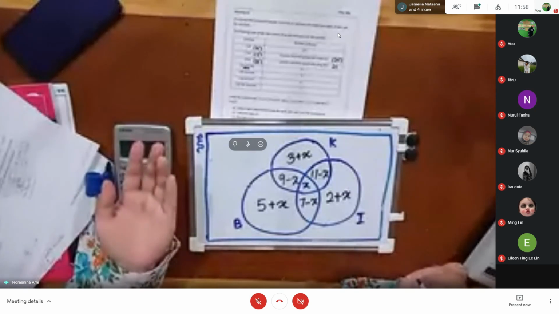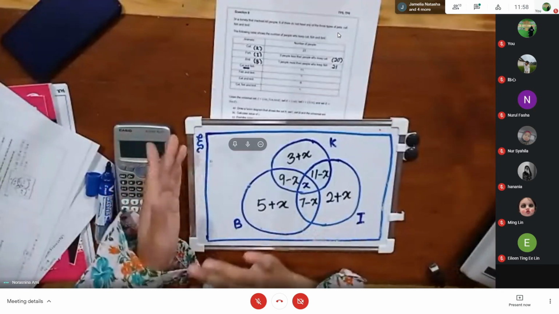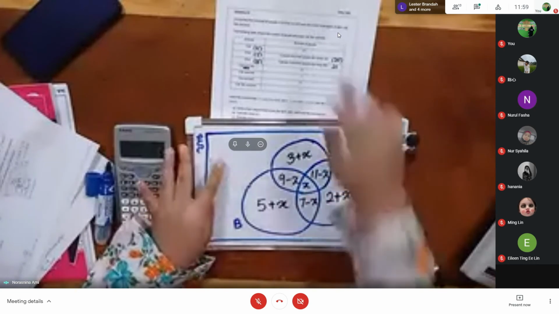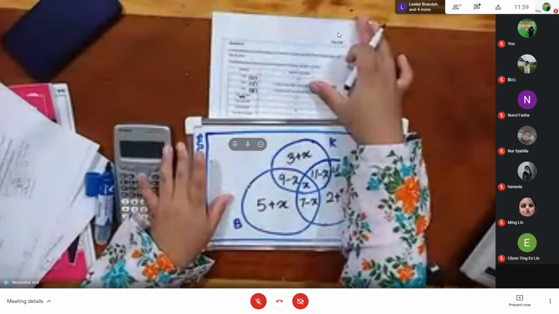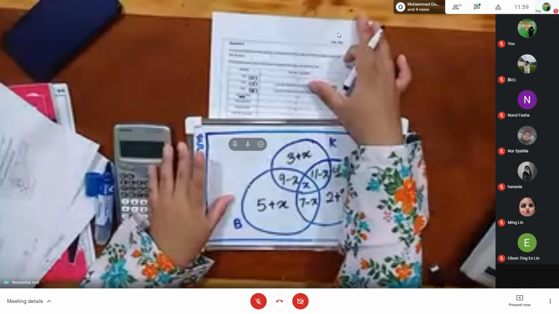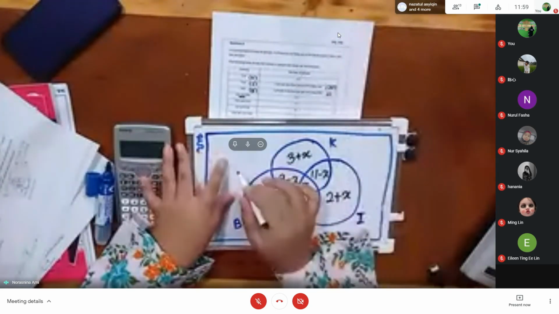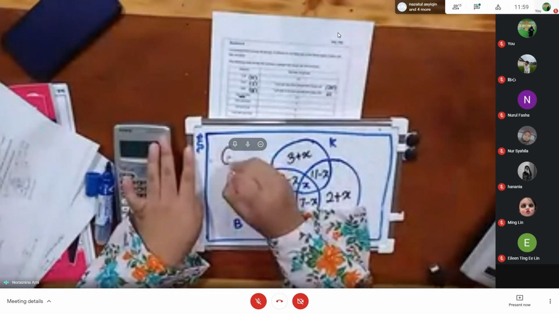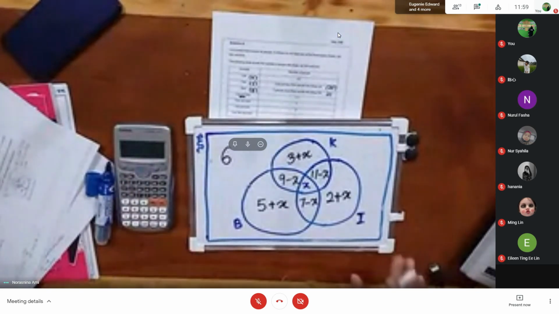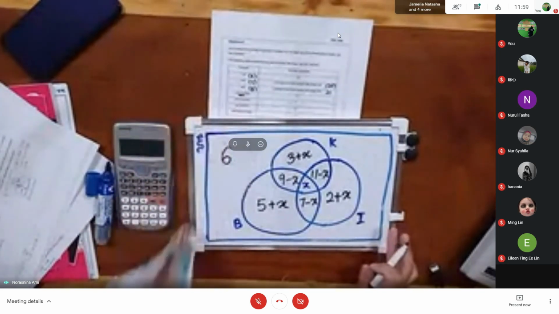So we need to also write the people who do not have this pet. From the question, it's already said that 6 do not have any of these 3 types of pet. So outside here we write 6. Okay, now that's the Venn for question 8.